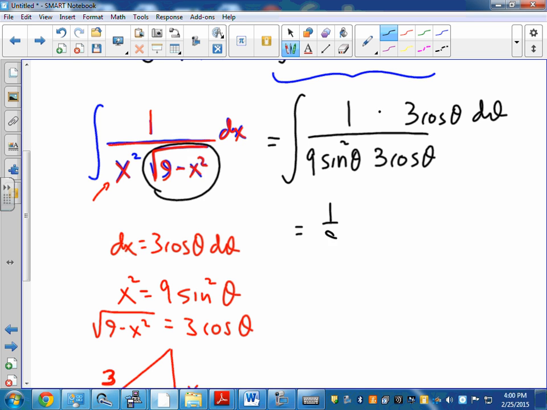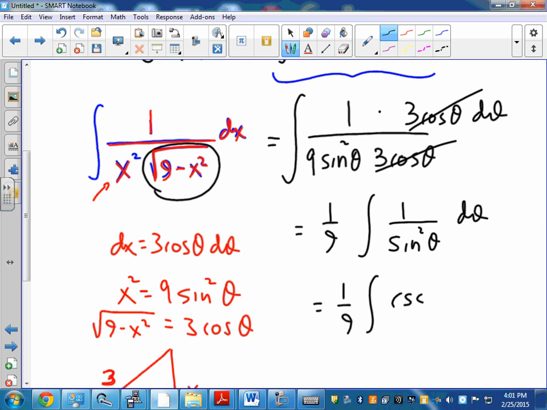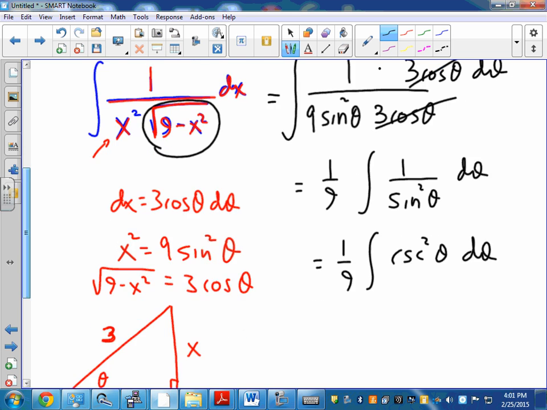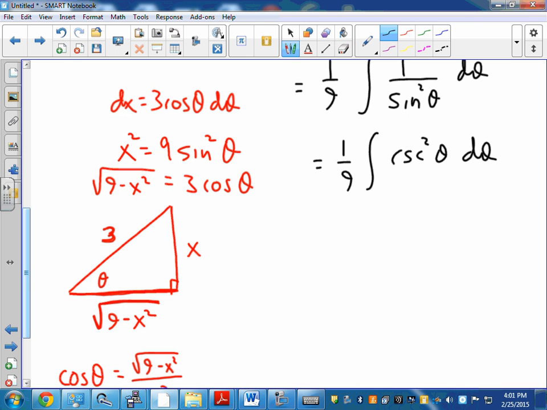I'm going to pull the 1/9 out. The 3's cancel, the cosine stay. It looks like we have 1 over sine squared, or if you want, 1/9 the integral of cosecant squared. And that should be one of our basic formulas that we remember way back from an earlier chapter.